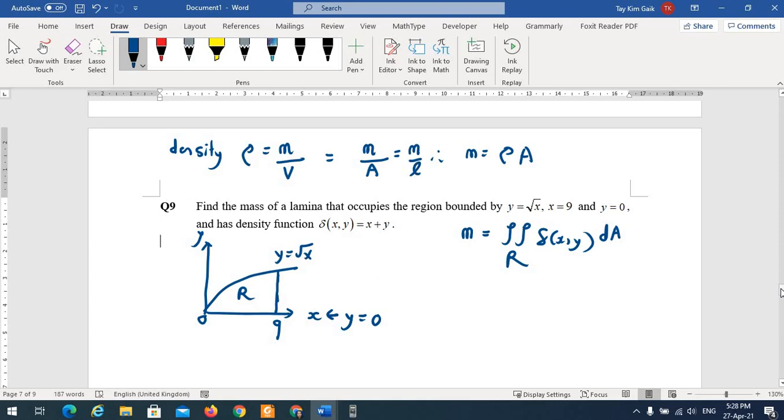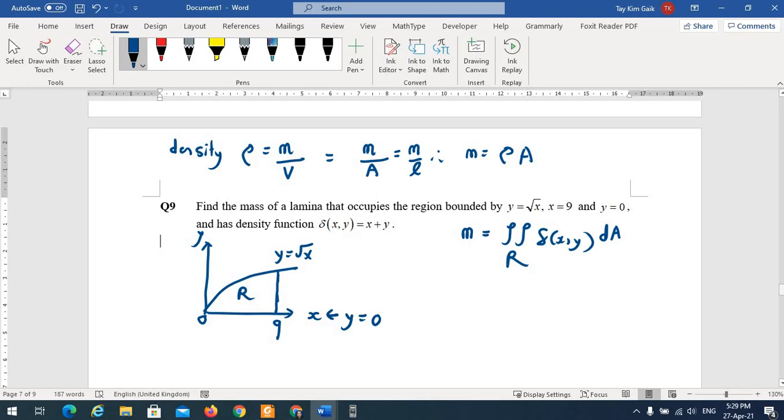So for a solid, the density is mass divided by volume. For a 2D lamina, mass divided by area. And if you have a wire, the mass density is mass divided by the length. Because the density is not constant, that's why we use a double integral. So you notice, this is the mass of a lamina in 2D.